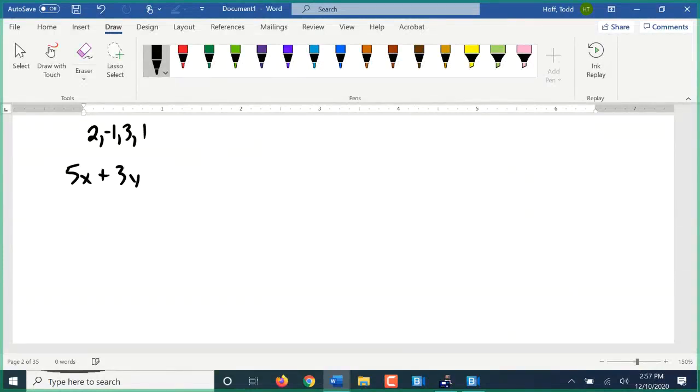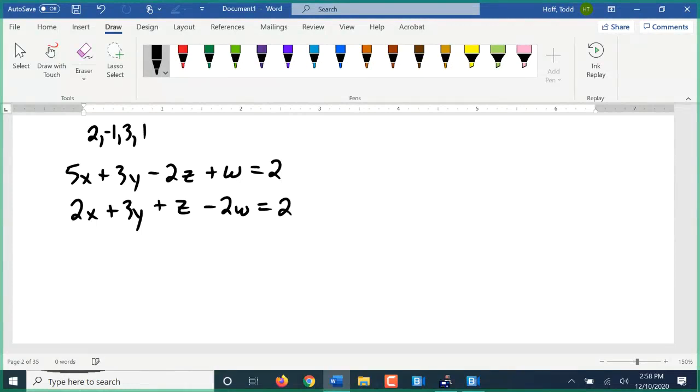5x plus 3y minus 2z plus w will be our 4th variable. What is that? 10. 2x plus 3y plus z minus 2w equals 2.